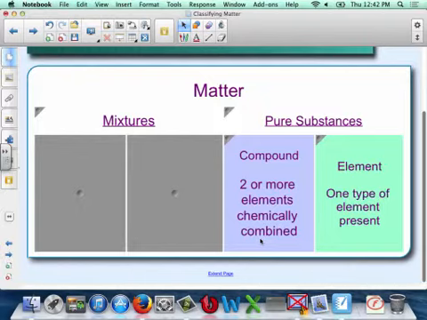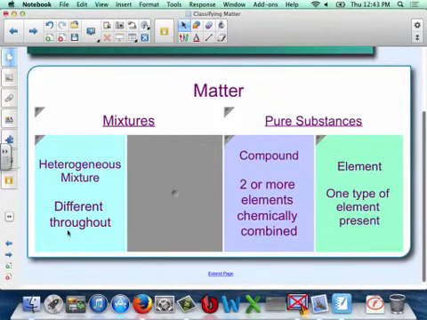There are two types of mixtures. What are they? No, not solutions. It's homogeneous and then heterogeneous. Okay? So when we look at heterogeneous, it means different things throughout.